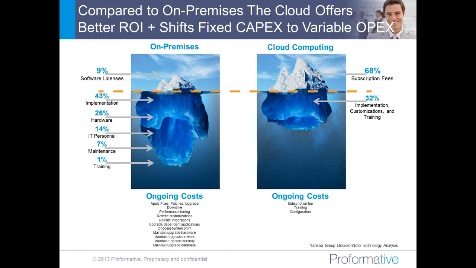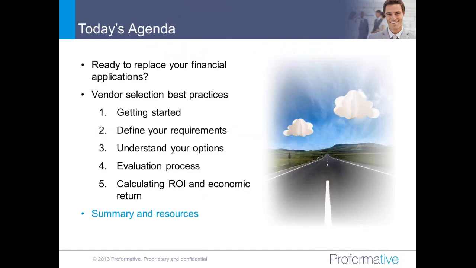Exactly. So it's a critical part to understand and to come to grips with this whole total cost of ownership piece, because again, it is something that a lot of people haven't gone through. They haven't thought about all the costs that are part of an on-premise solution.